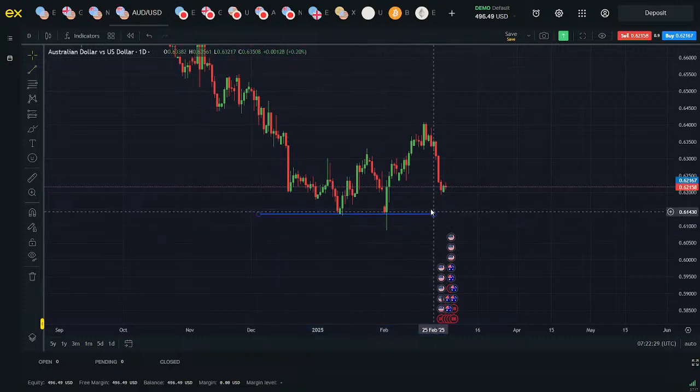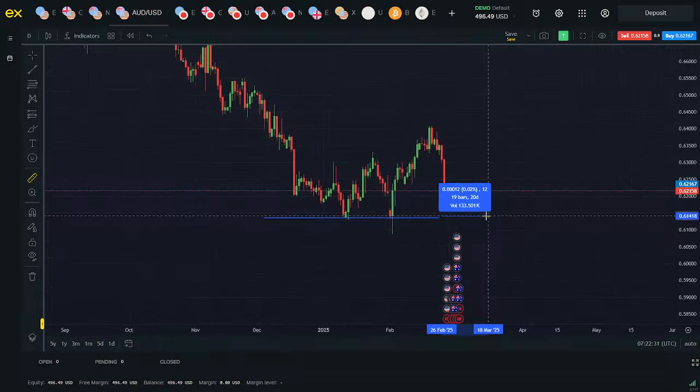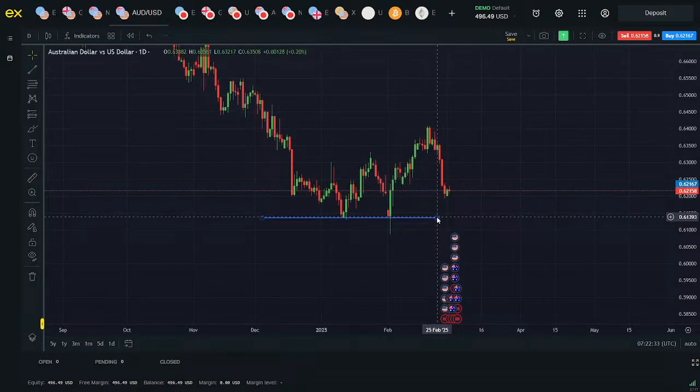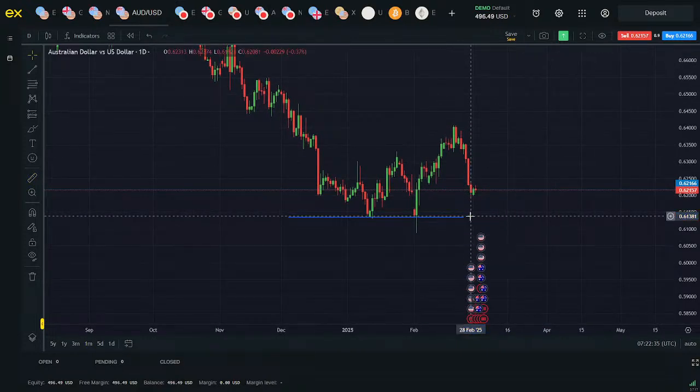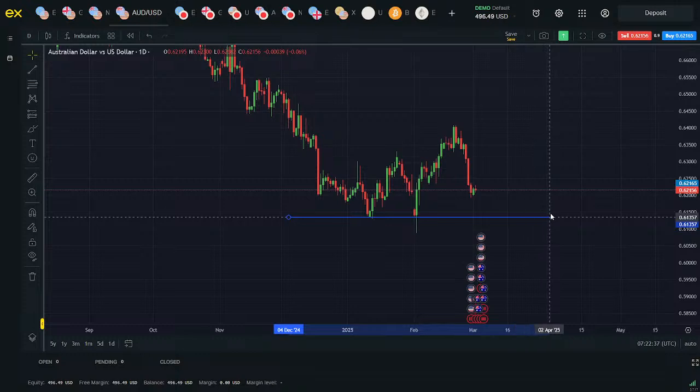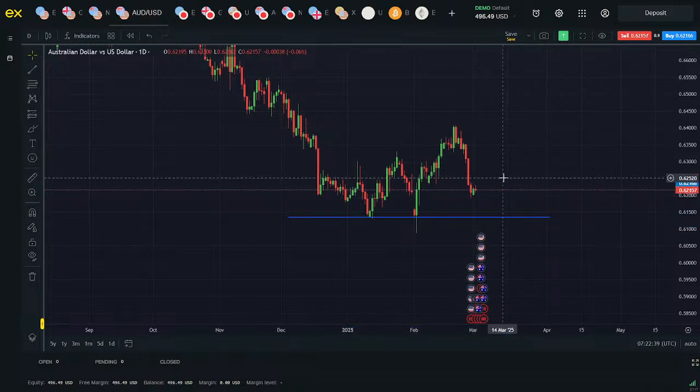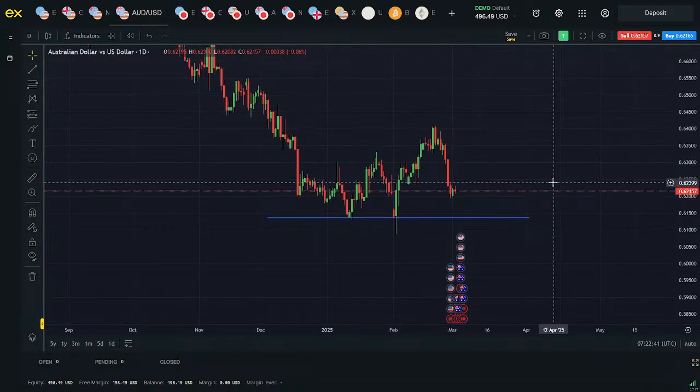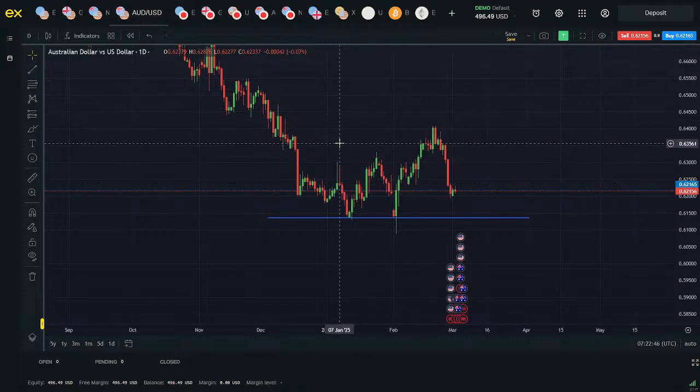This is the case over here. Maybe you can expect the market comes down to this particular level. Maybe let's see how the market plays out for this particular trade.